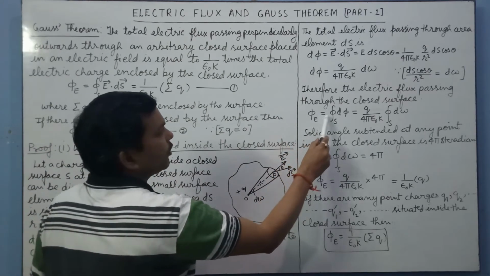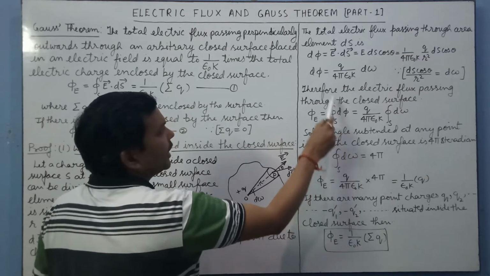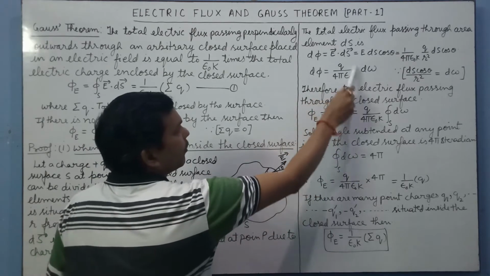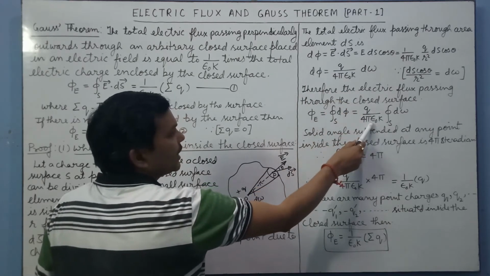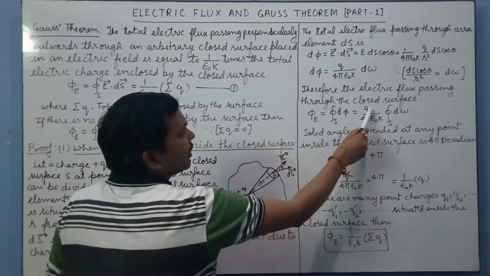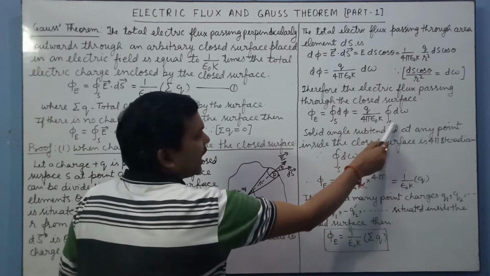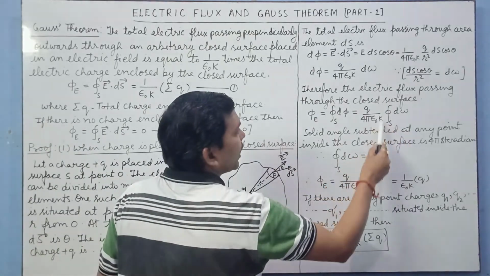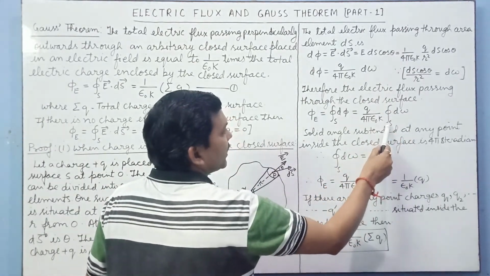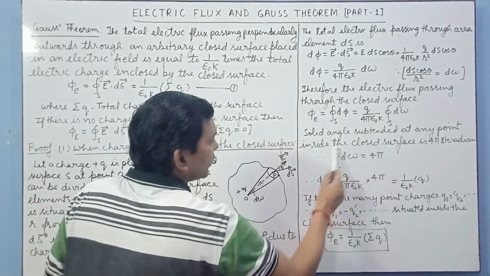Here Φ is equal to the integral over the closed surface S of dΦ. We substitute the value of dΦ and take the constant terms outside the integration. We get q/(4πε0 k) times the integral over the closed surface S of dω. Now we will obtain the value of the cyclic integral of dω as 4π.